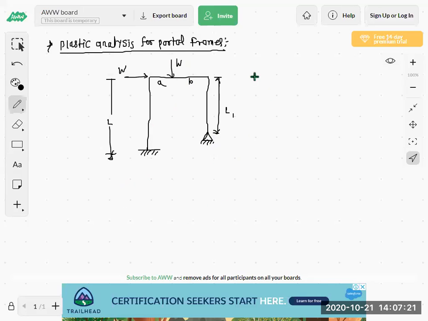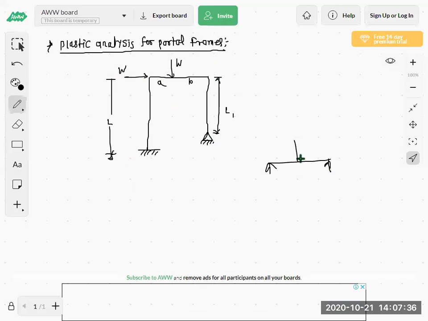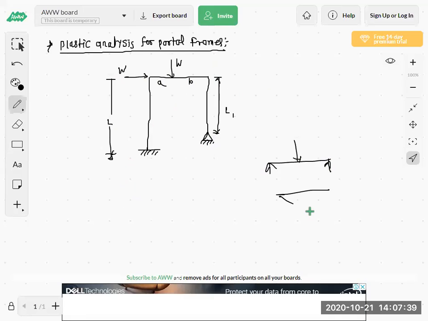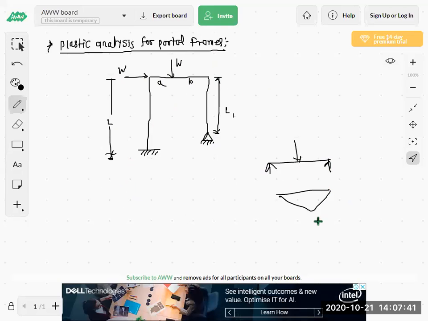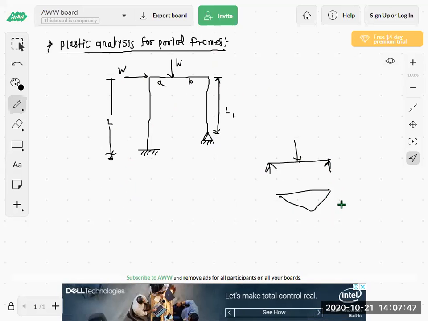Now for analyzing this portal frame, we have to find the minimum number of mechanisms required. We have analyzed the beam, where we have seen only one mechanism, and that mechanism is the beam mechanism.